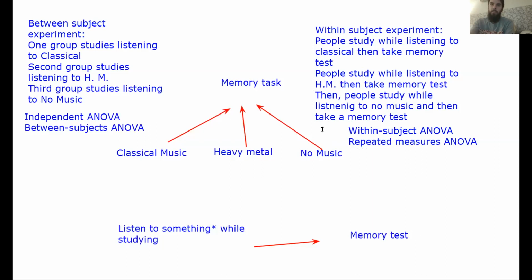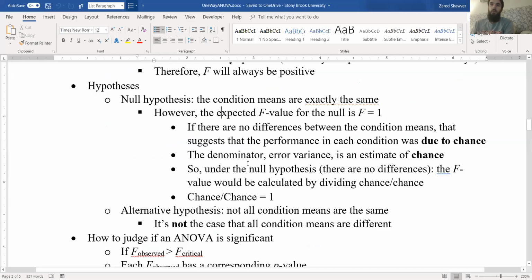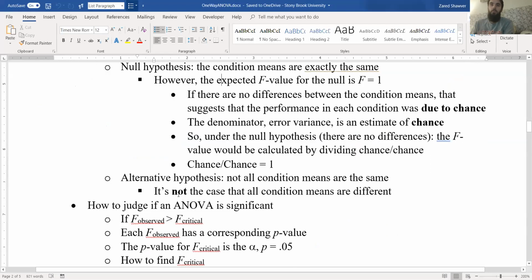What do I actually have written? Not all the condition means are the same. So that's another way just to say the exact same thing. There is a difference somewhere. Not all the means are the same.